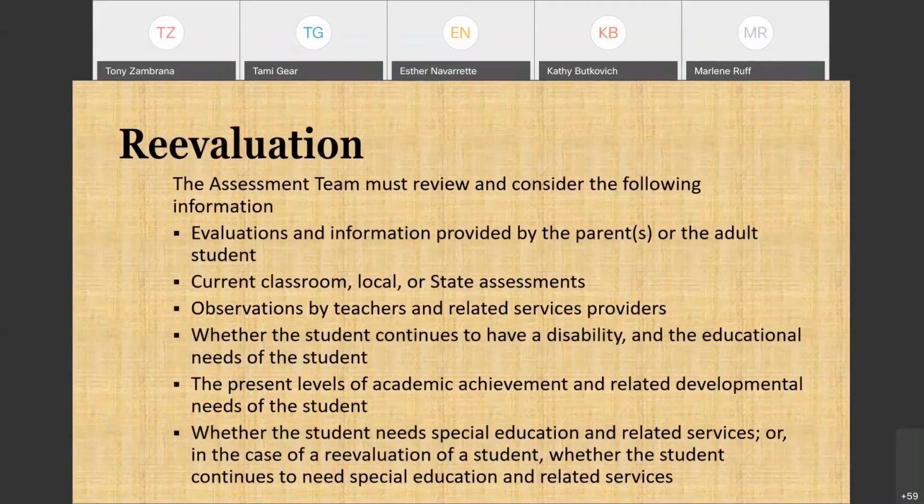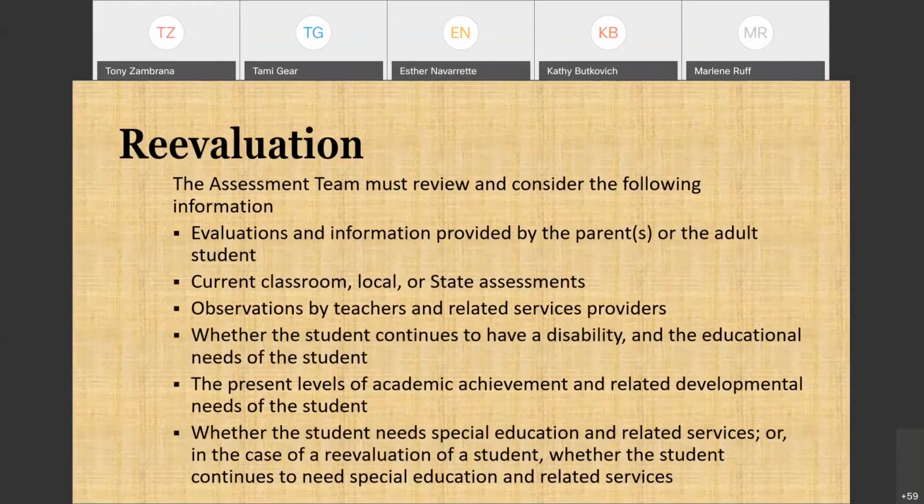A student who qualifies for special education, the idea behind special education is we give the students specially designed instruction, we help them to catch up to their general education peers, and then they are released from special education. Special education is not meant to be a lifetime thing.